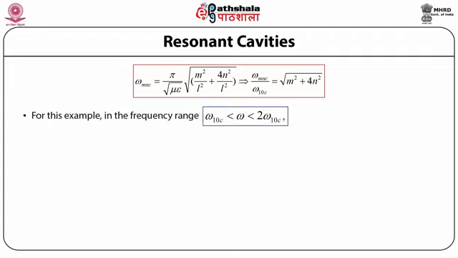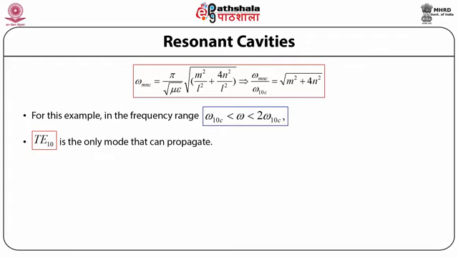And for this example, one sees that in the frequency range omega 10c is less than omega is less than twice omega 10c, where omega 10c denotes the lowest cutoff frequency of the transverse electric 10 mode, only the TE10 mode can propagate.